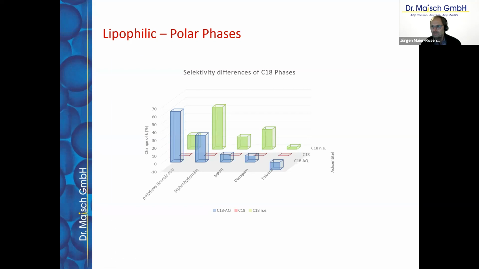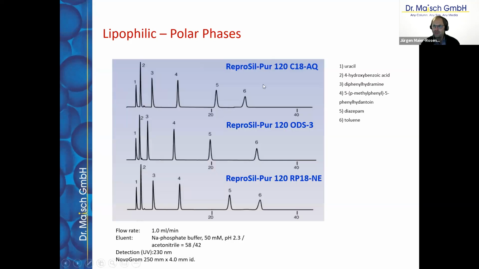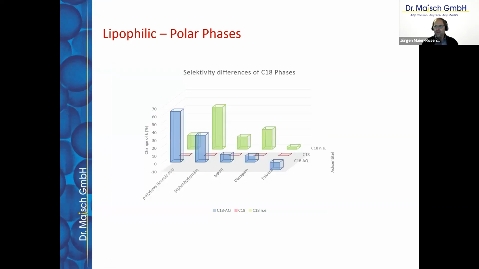If we go back to the chromatogram, we see that pretty clearly. On the AQ phase, the retention of the toluene is lower than on the 2 other phases. And the toluene is pretty much at the same place on those, because the influence from the end capping on the toluene is pretty low.